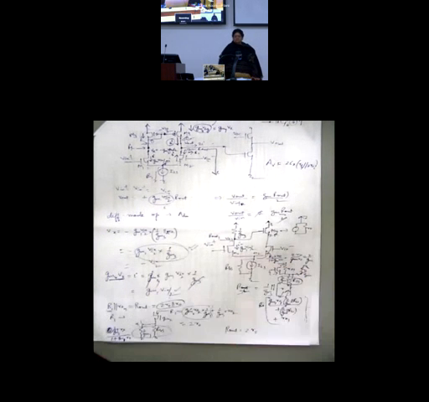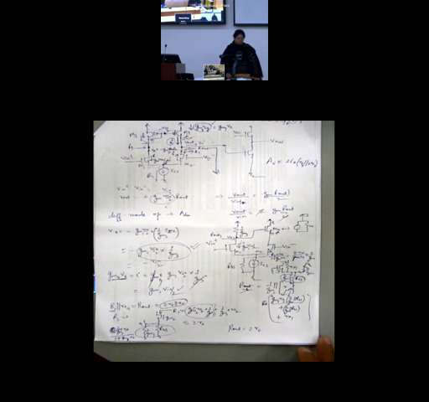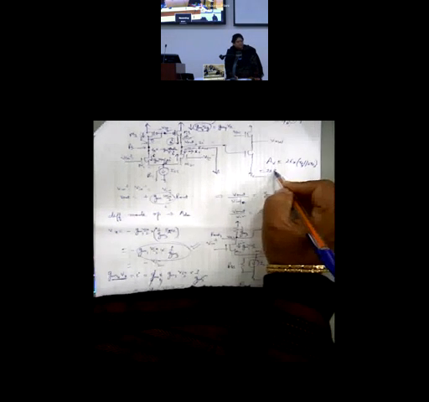So what is your net gain? It is net current 2I dropping across RO4 parallel 2 RO. This gives you 2I is 2 into GM Vin by 2 into RO4 parallel to RO2.